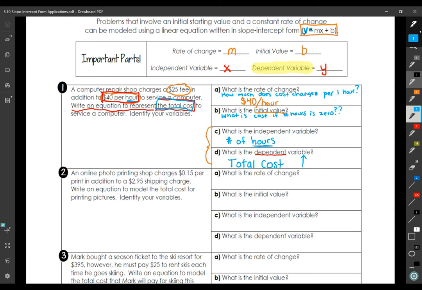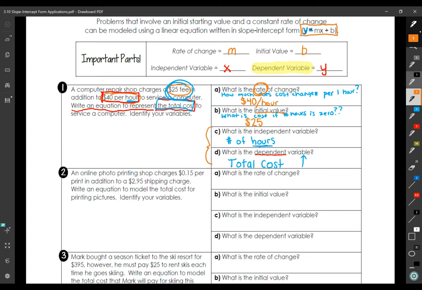So even if it takes them 1 second to fix our computer, we still have to pay that $25 fee. And initial value has units, but it doesn't have 2 units. Initial value is only 1 unit. So the initial value is $25. Rate always has 2 units, dollars per hour. Initial value is just 1 unit.